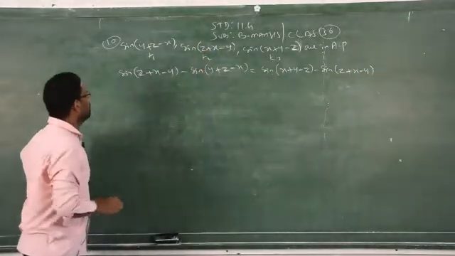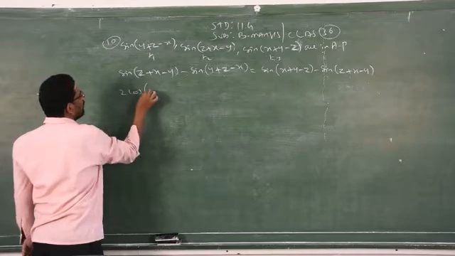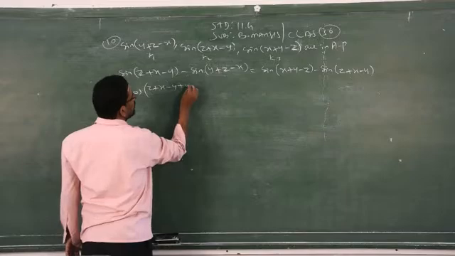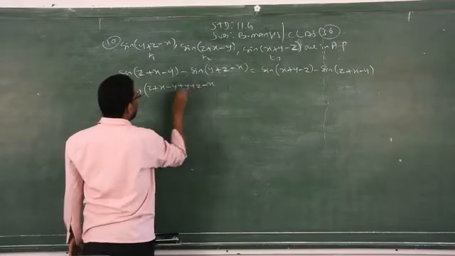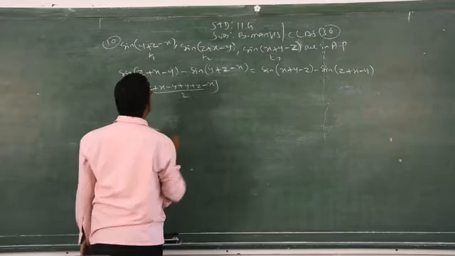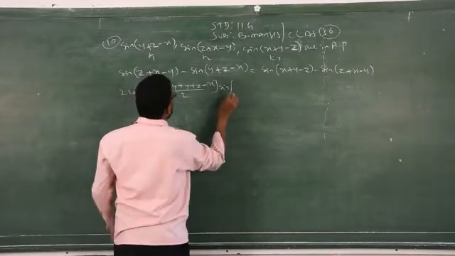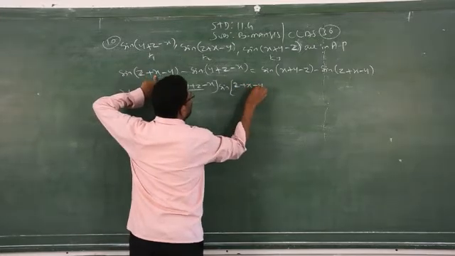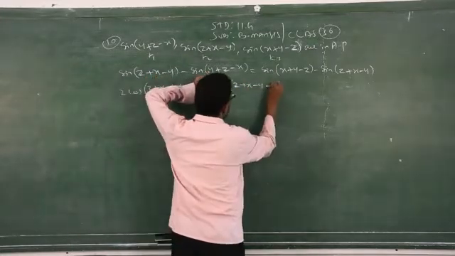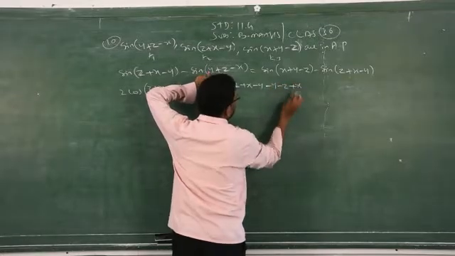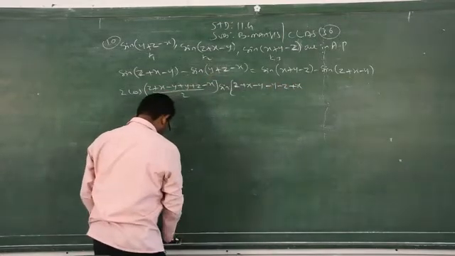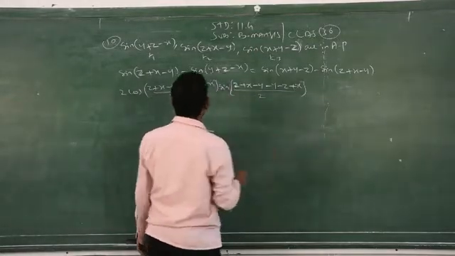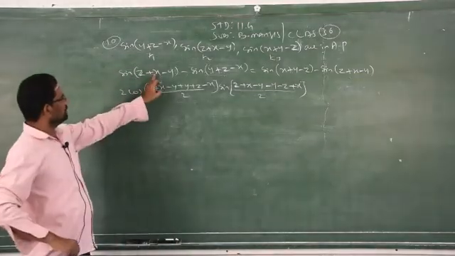Sin C minus sin D formula: 2 cos of (C plus D) by 2, sin of (C minus D) by 2, straight away changing the sign, because you already know this formula very well.